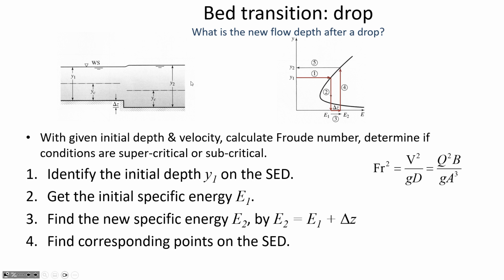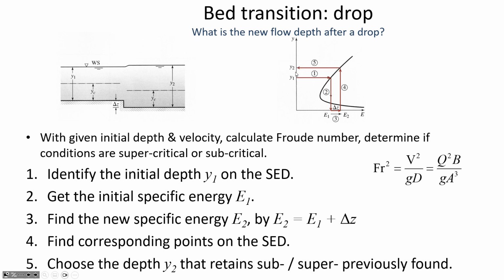And downstream, the flow will continue to be subcritical, and so then we can determine the new flow depth Y2 by simply finding the point of intersection from E2 on the specific energy diagram. So this is a graphical way of solving the problem. You could set up a spreadsheet to solve it, or we can solve it numerically with formulas as well and find out what will be the new flow depth.